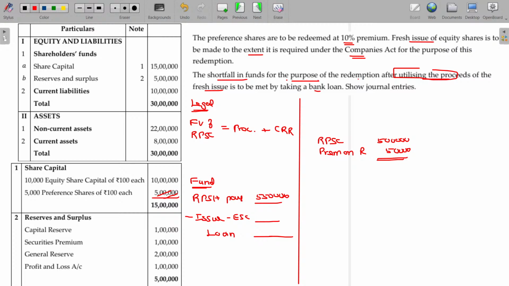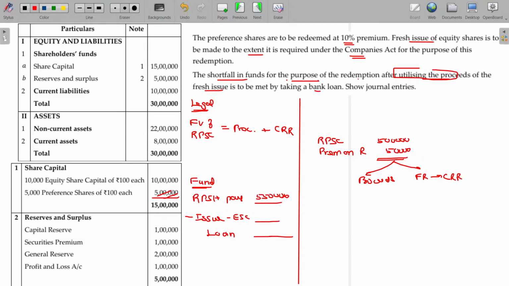So here we have the legal requirement to satisfy for the CRR creation, and we can also find out the fund requirement for raising the loan. Now it can be redeemed out of proceeds, and transferring the free resource to CRR.